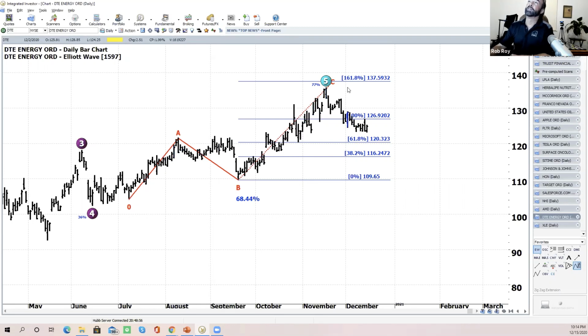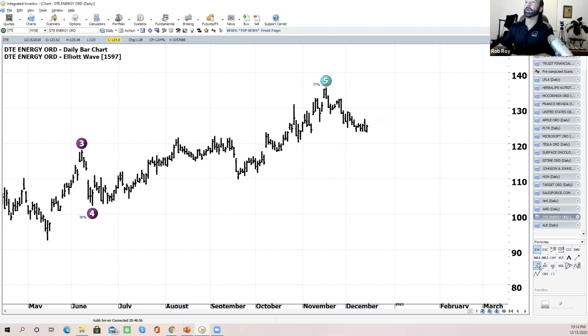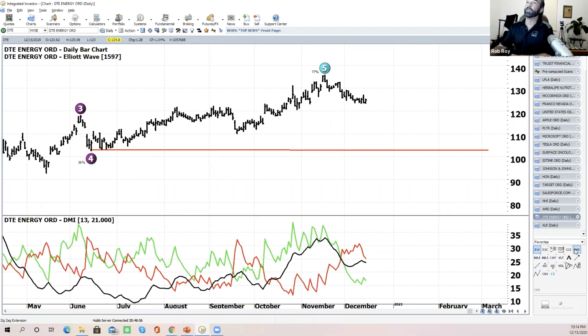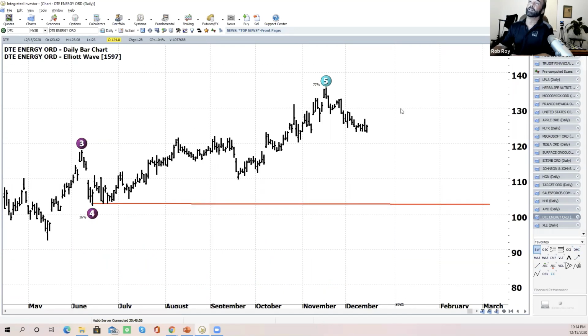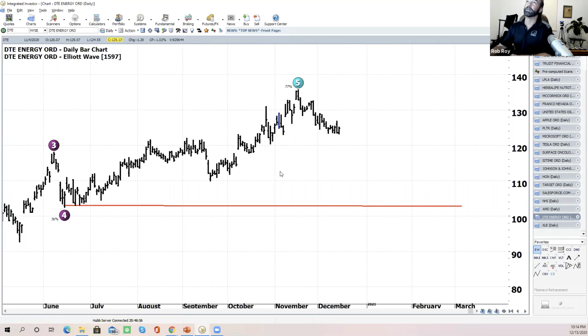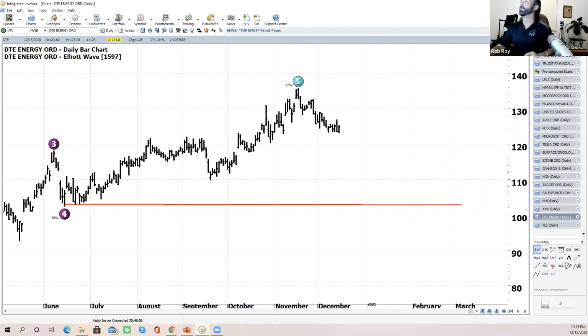Now, the fact that the wave 5 didn't go above 100% means that you're probably coming back down here to this 4. Tough to go long that one with this chart. Certainly would have to see a considerably different DMI to look long on this. Looks more like a short than a long.